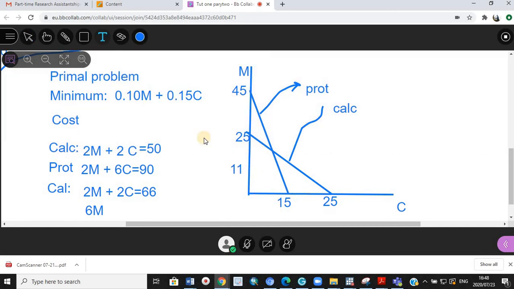So again, if this is going to be 33, somewhere around here. 33, somewhere around here.